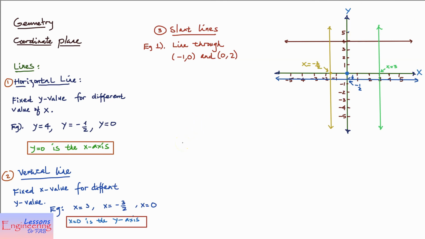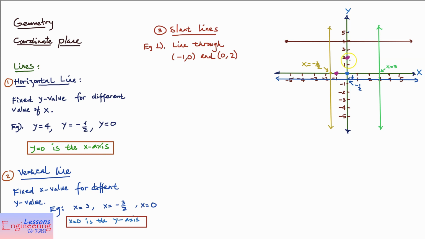So first let's just find these coordinates. Minus 1 stands for x and 0 stands for y. So definitely we know that this is on the x-axis. That is minus 1, 0, that point here. In between that and 0, 2. So 0, 2 is a point on the y-axis because x is 0 here.